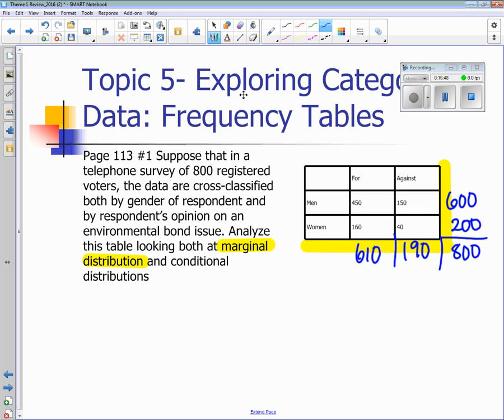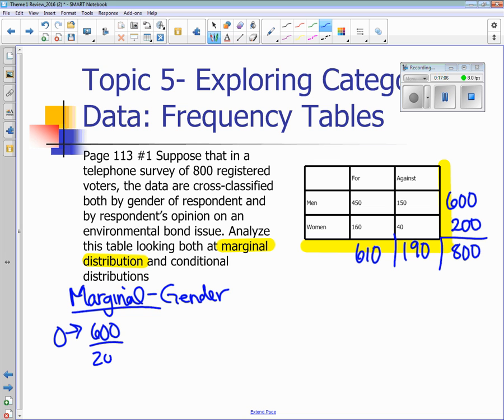If I wanted to look at the marginal distribution for gender, men is going to be 600 out of 800. Sorry, I was looking at the wrong number. You always divide by your total when you're talking about marginal distributions, and you can reduce that to 0.75 or 3/4.